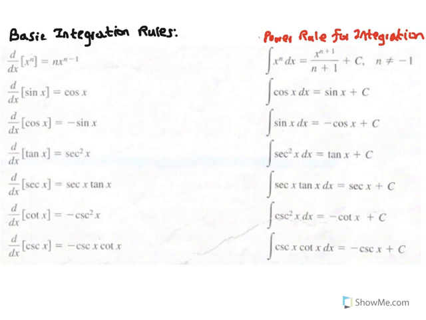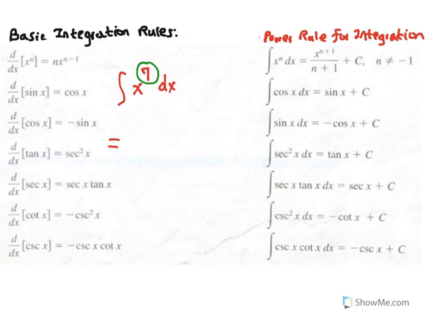Here is another example for using the power rule for integration. Suppose you have the indefinite integral of x to the seventh dx. So all you need to do to find the antiderivative is add 1 to the exponent and divide by the new exponent.